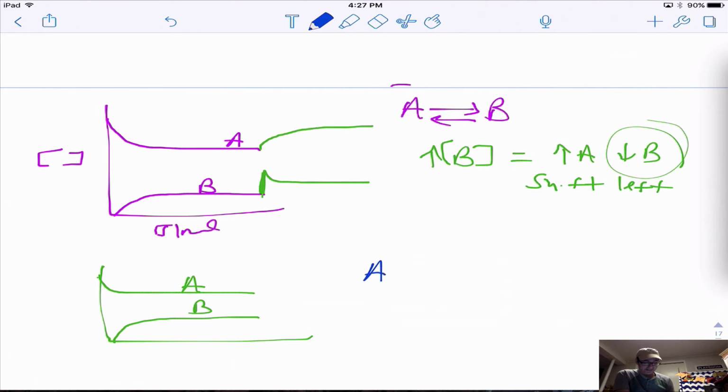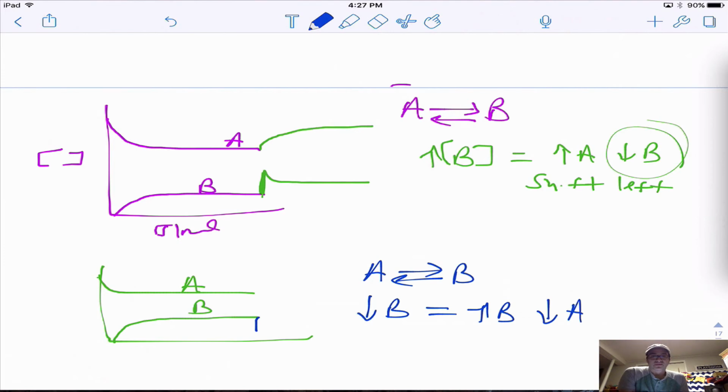So we have again A goes to B. Now let's do a decrease in B. So now we should shift towards B, and we should shift away from A. If we lower B like this, then B has decreased. It's going to react less with itself to form A. That means that A will start to form less and its concentration will go down.